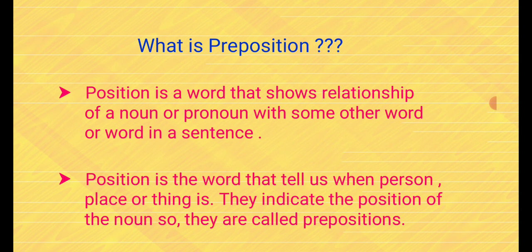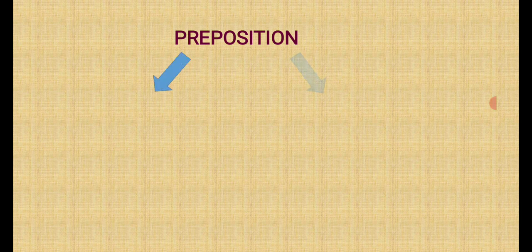Now we understand what the preposition is. But do you know the meaning of the word preposition? Let's see. First of all, we divide the word preposition into 2 parts, pre and position.